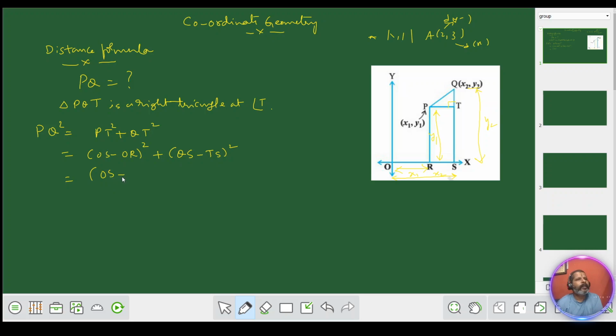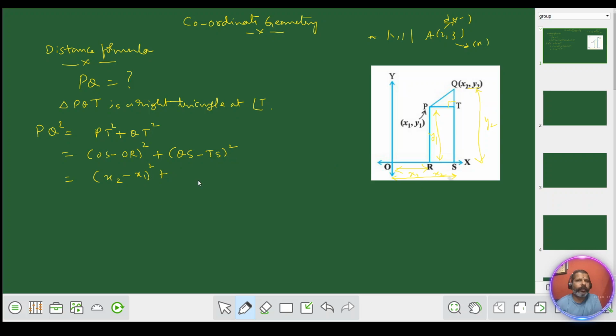Okay, we can substitute the values here. What is OS here? Yes, OS is x2. OR is x1, whole square. QS, you can observe here, is y2.